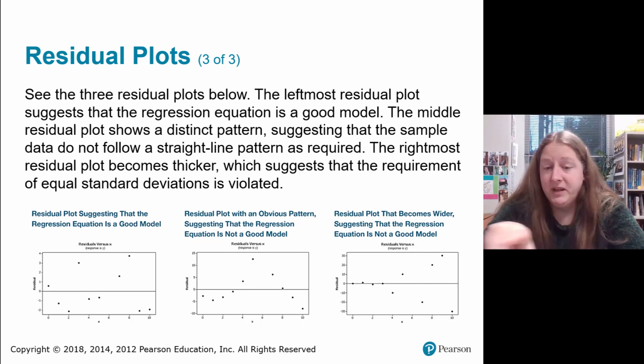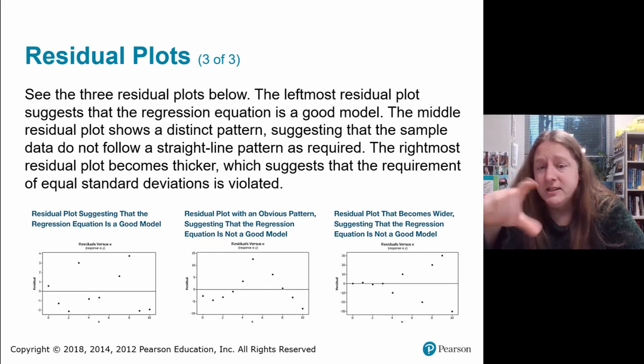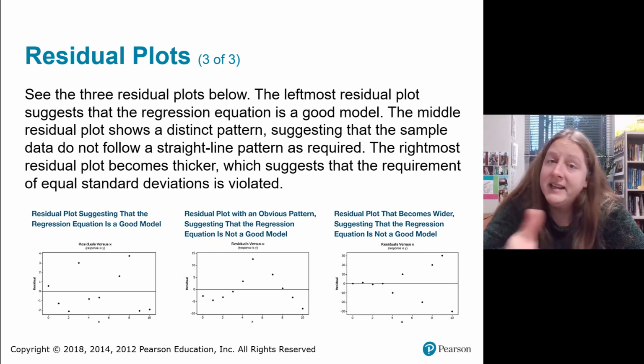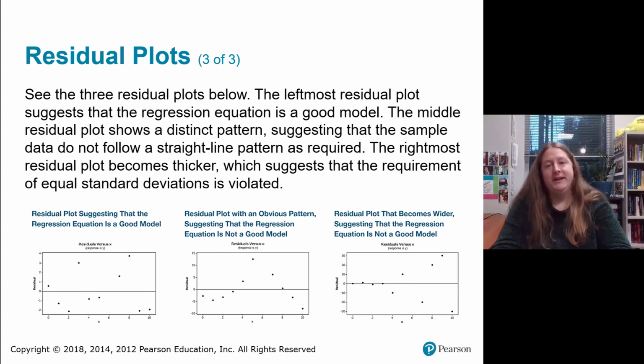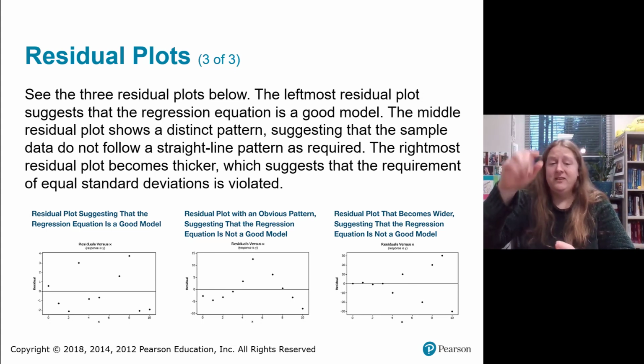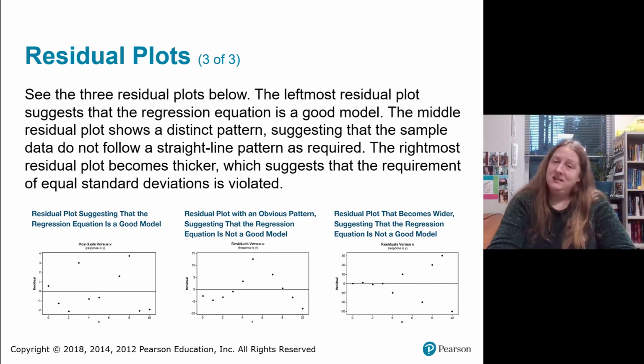Similarly, if we see it becoming wider, like we have here on the right, it starts really narrow, really close to that residual line, and it starts ballooning out. Again, this is a sign that the regression equation is not a good model. In fact, a linear model may not be a great idea. And similarly, if that same pattern happened in reverse, again, a linear model may not be great. The regression equation that you have is definitely not good.